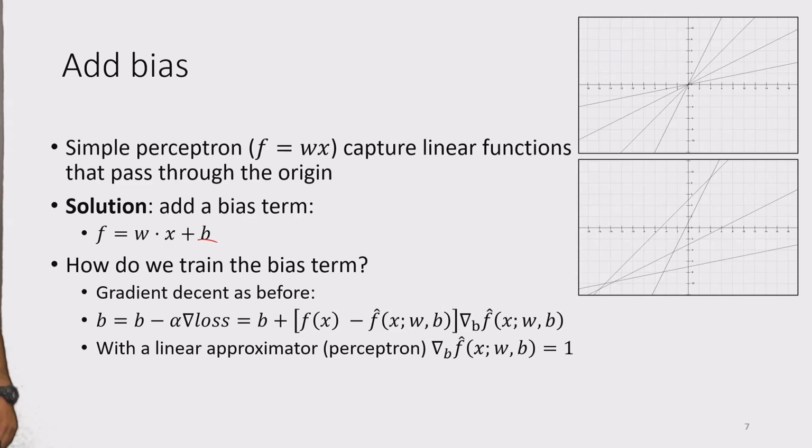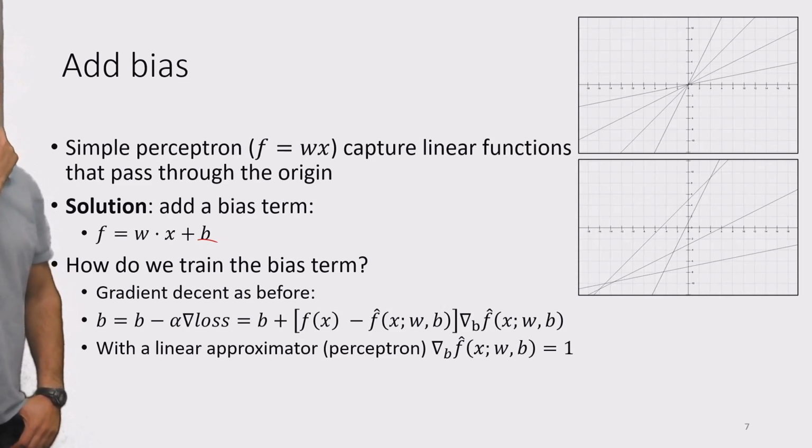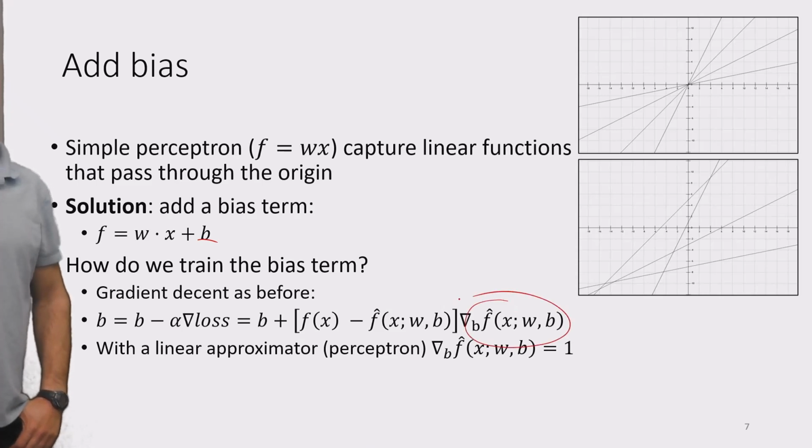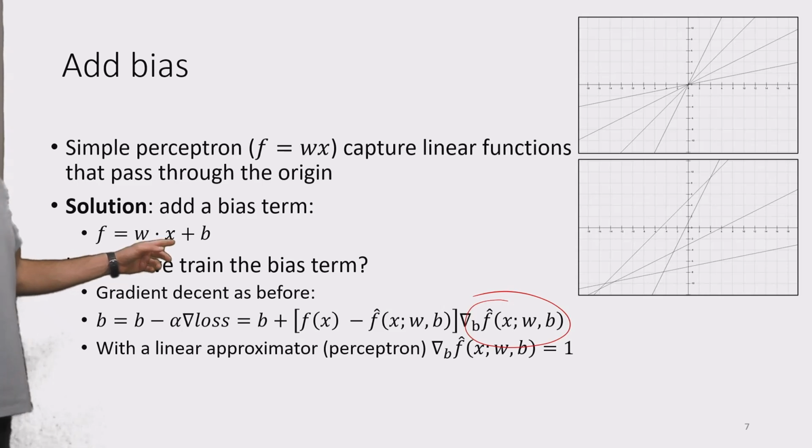How do we train the bias term? We can still use gradient descent as before. We just need to compute now the derivative of our function approximator with respect to the bias term. But you can see that the bias term here is added regardless of the input vector, which can be a state or any input vector in general, right?